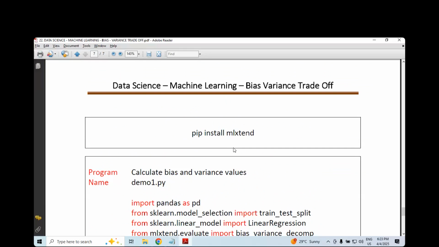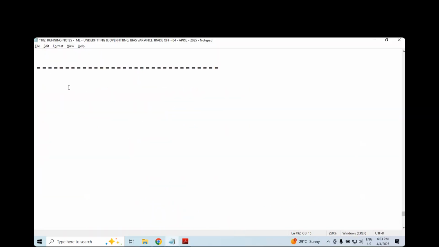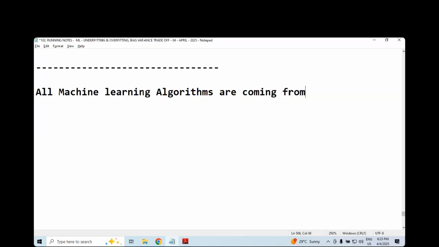One small update, actually. This is a very important update. All machine learning algorithms are coming from, what is the package name? Coming from, yeah, very good. Coming from scikit-learn. Scikit-learn package.